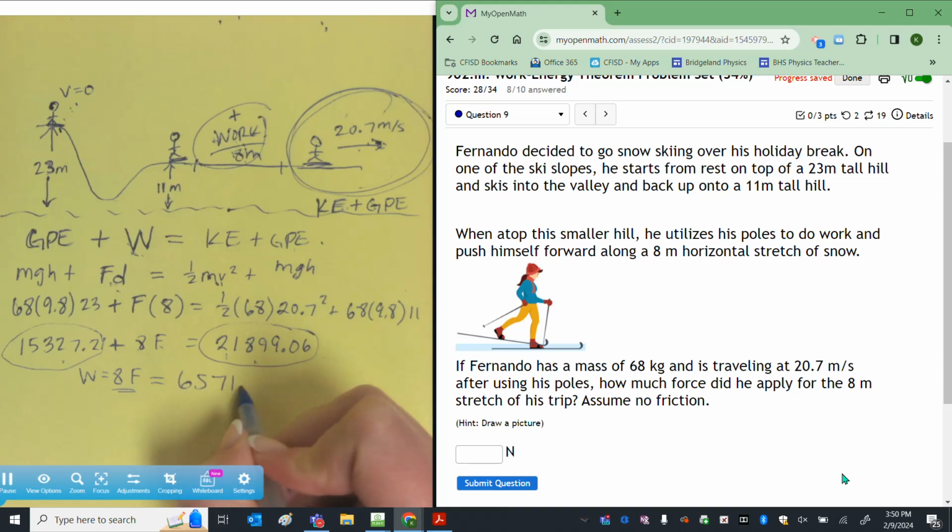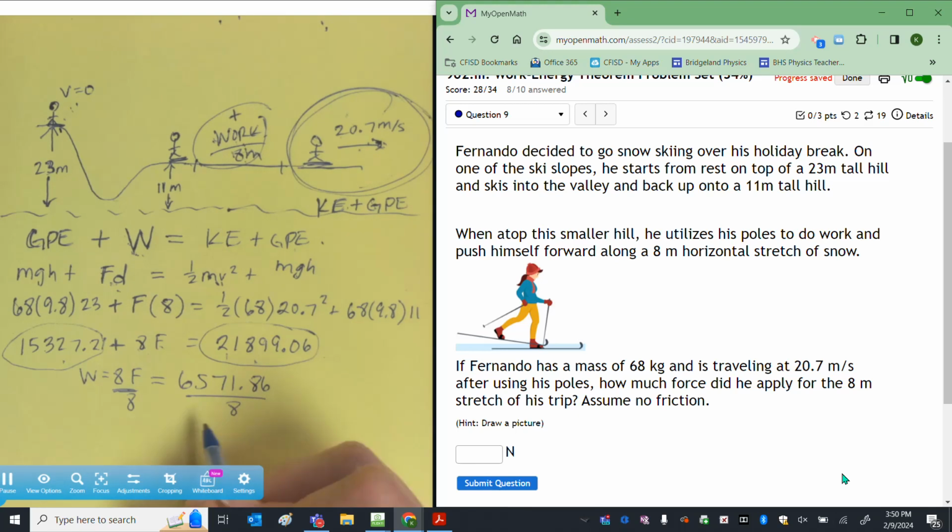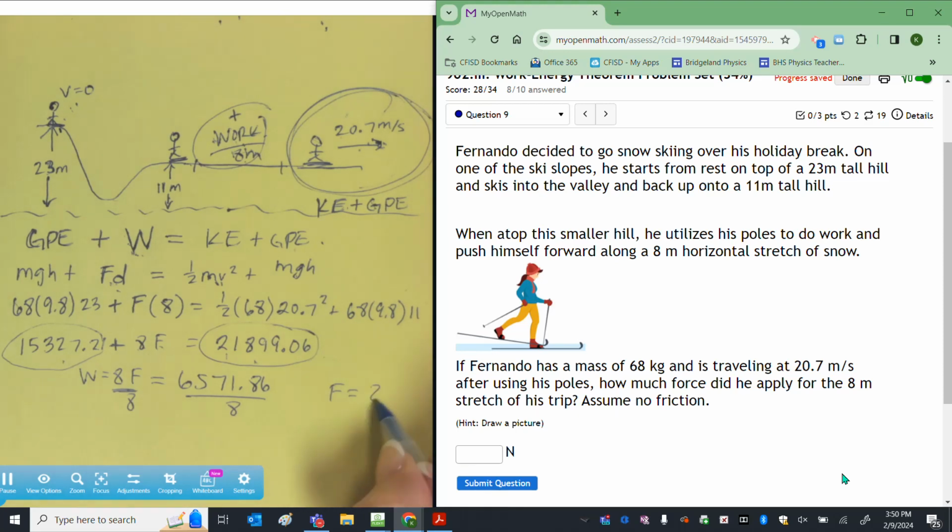So there's the work, but we want the force. So let's divide both sides by 8, and that'll give us the force that he applied, which is going to be equal to 821.48. That value right there.